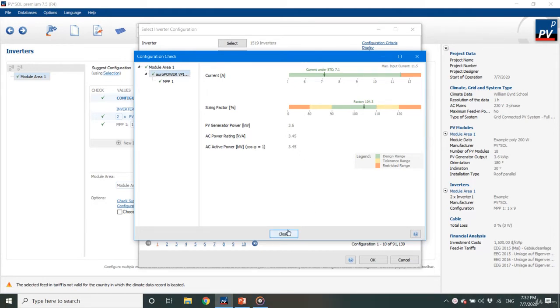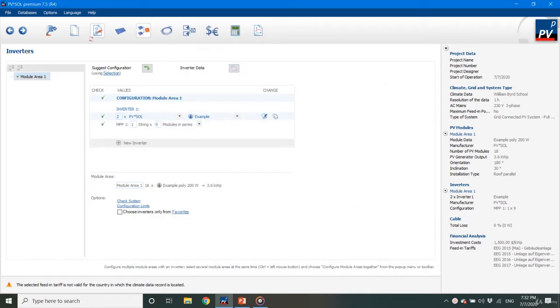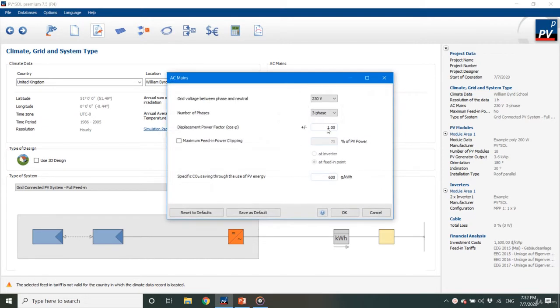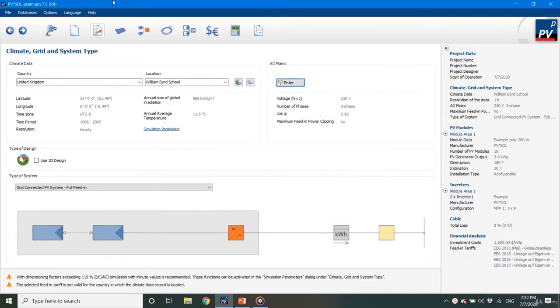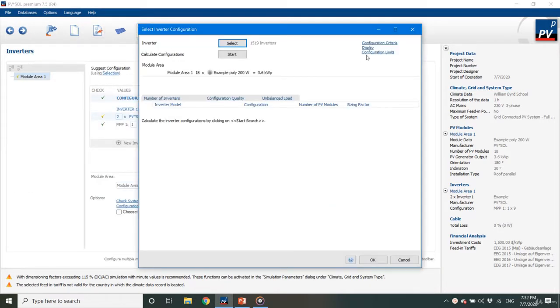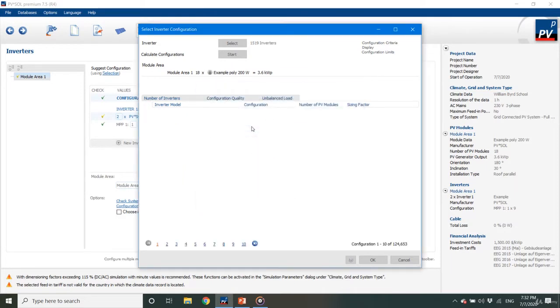If we come back and change the power factor so that it's 92%, the inverter will be oversized by 8%, as we have mentioned before, and the selection would be changed. So let's see what will happen. Let's recheck. This is the recommended inverter according to our criteria.